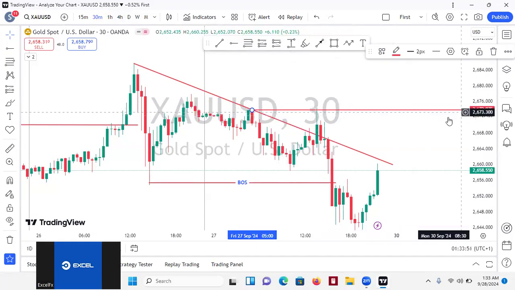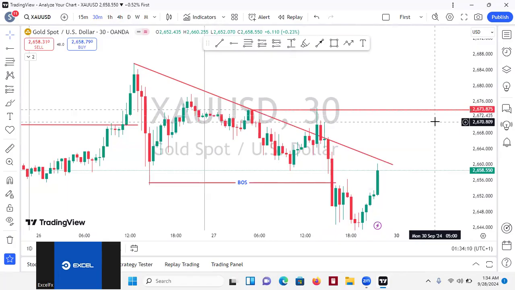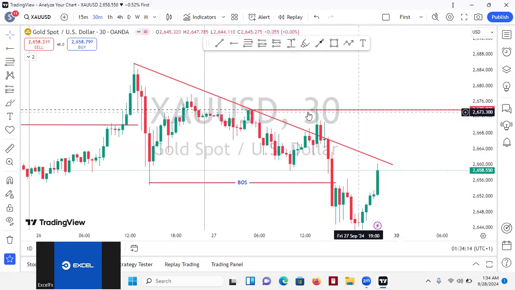Right now, if I want to add an alert to this, I simply move down here, click on this plus button, and you see add an alert. I don't need to waste time typing in numbers. It adds the alert for me, just like what you are seeing.